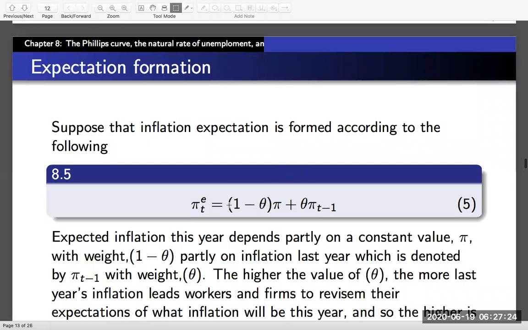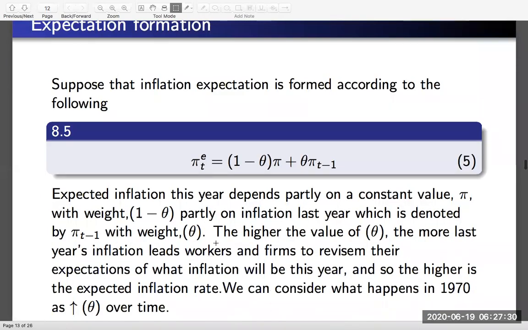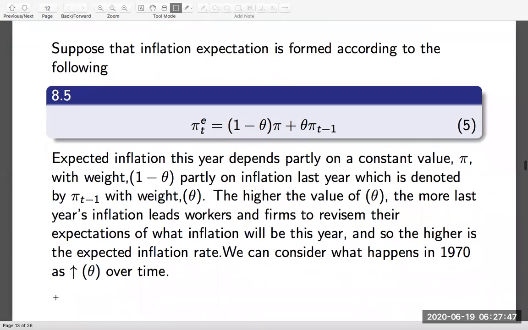It's like some form of probability, so you give it some weight. The higher the value of theta, the more last year's inflation leads workers and firms to revise their expectation of what inflation will be this year, and so the higher the expected inflation rate. We can consider what happened in 1970 as theta increasing.